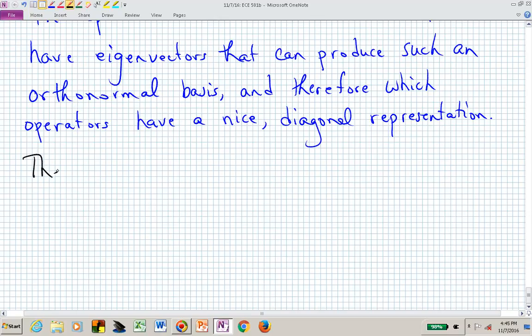And the answer that we will come up with actually depends on whether we're working with a real or complex inner product space.